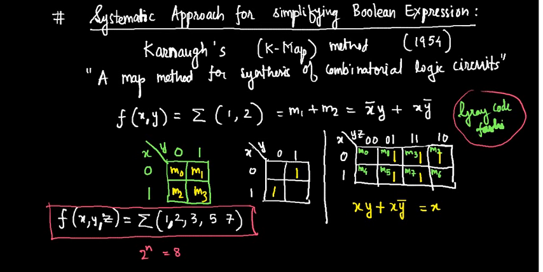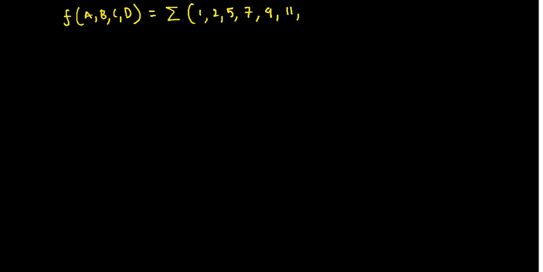Now, same thing you do for 4 variables. Can you do that quickly? So let f be equal to, let it be A, B, C, D. If I'm writing this for 4 variables, a similar procedure is opted.